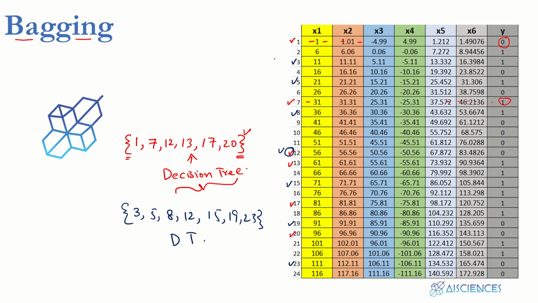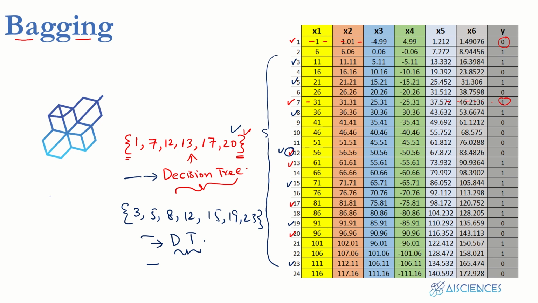So we make a lot of different random samples, or bags, of this data, and we train independent classifiers. In this particular case, we are using a decision tree classifier. However, in general, one can use any classifier. In the case of regression, one can use any regression tree, or any regression algorithm.